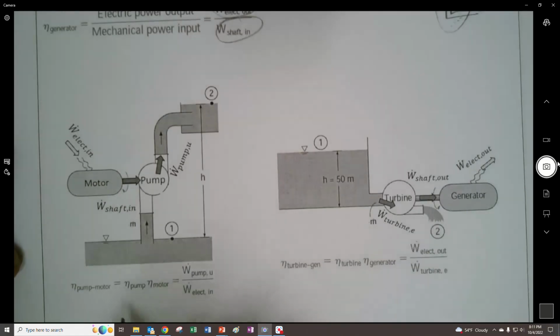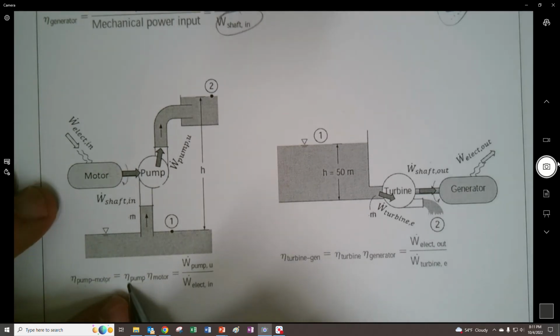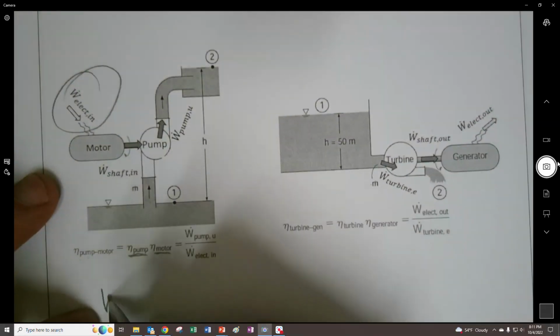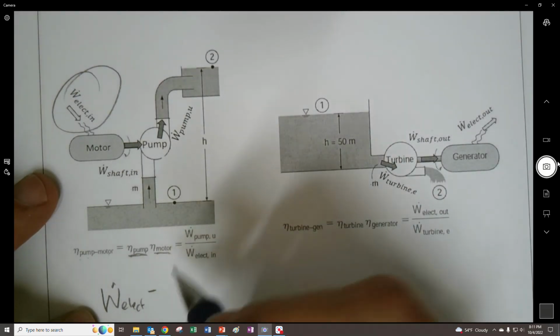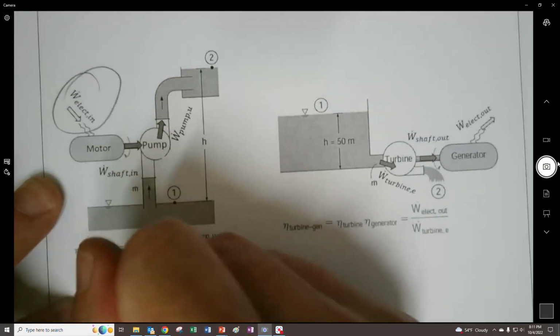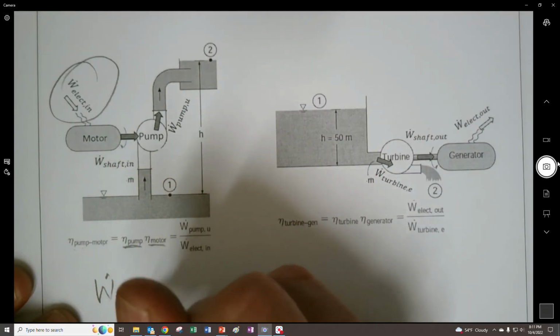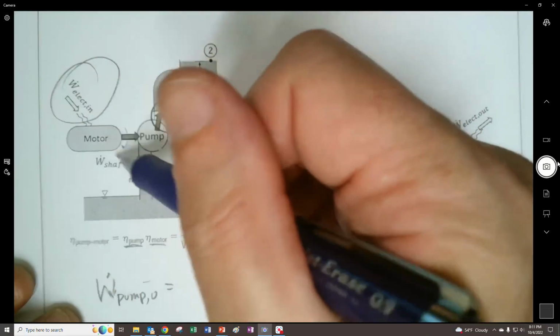So in the scenario over here where we have a pump, the efficiency of the pump motor is the efficiency of the pump times the efficiency of the motor. So we get a penalty for both of those right here. If we want the useful pump work, that's going to be turned into hydraulic power. We have a two-step thing.